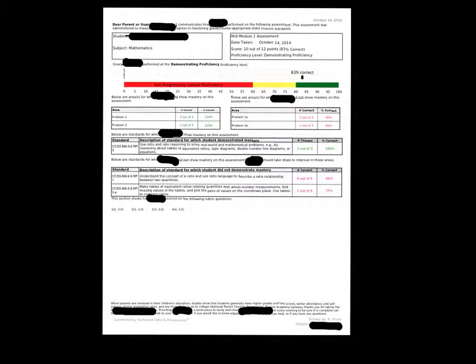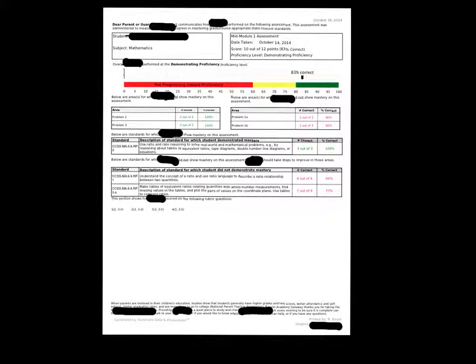A 2 would mean that they are making progress, and a 3 means that they have mastered that standard. So you can tell over here, even though these problems were missed, they're in the red zone, they are 2 out of 3. So the student is showing progress towards mastering these problems, even though they didn't get them totally correct.